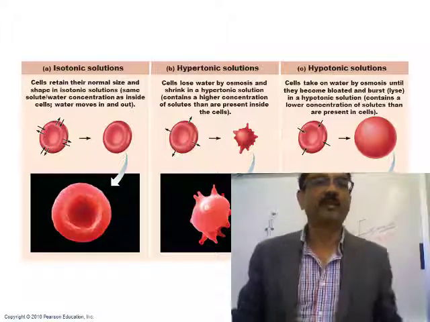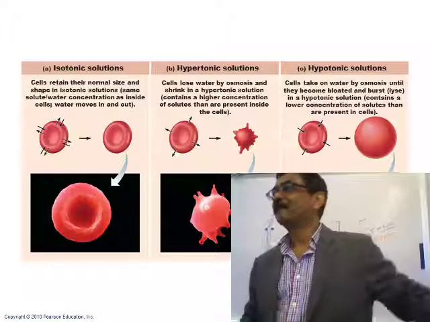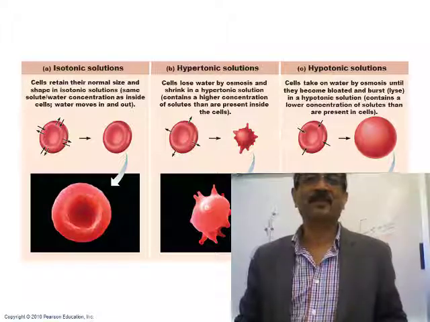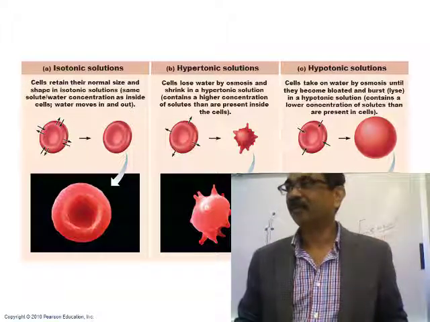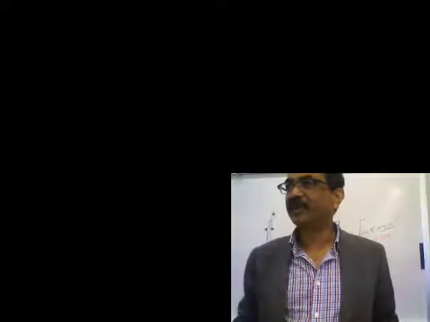Which one you will prefer? Iso, hypo or hyper? Iso. Definitely iso, right? It will not bother the cells. It will not change the shape or size of the cells, right?